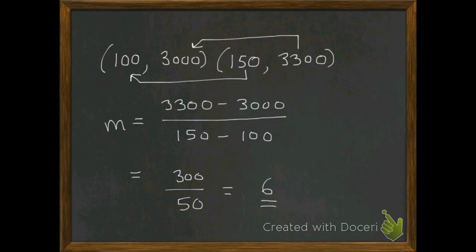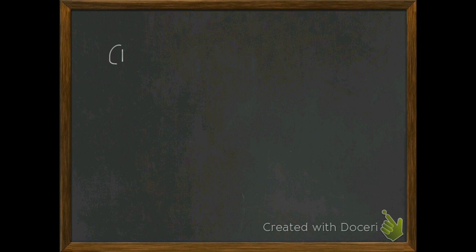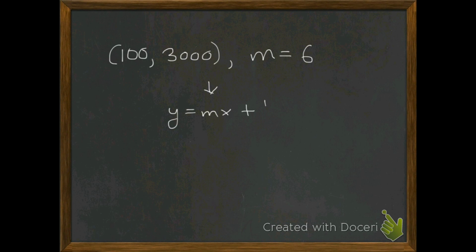Now I'm going to take one of these ordered pairs. I'll take the 100, 3,000, when the slope is equal to 6. And I'm going to put that information in this formula.